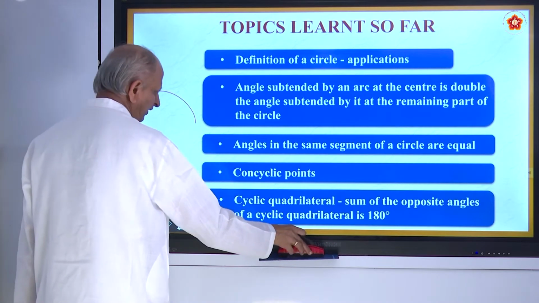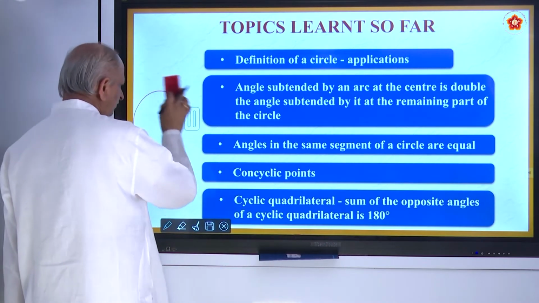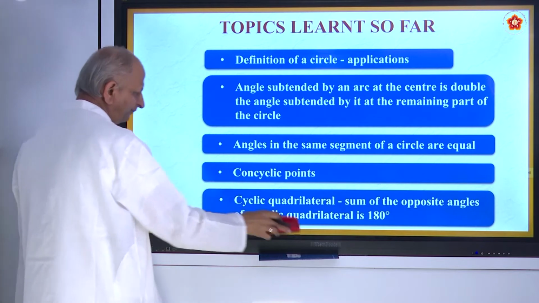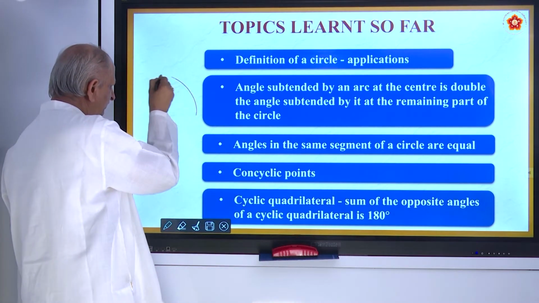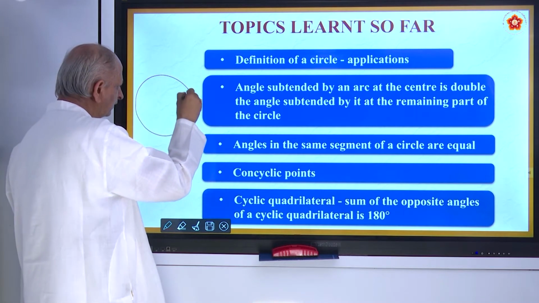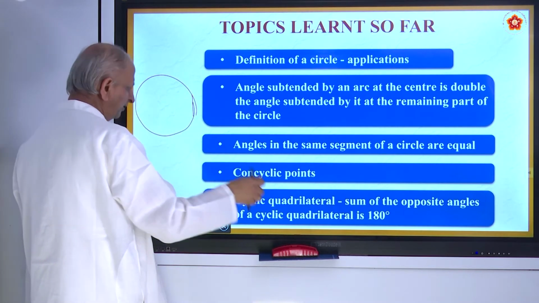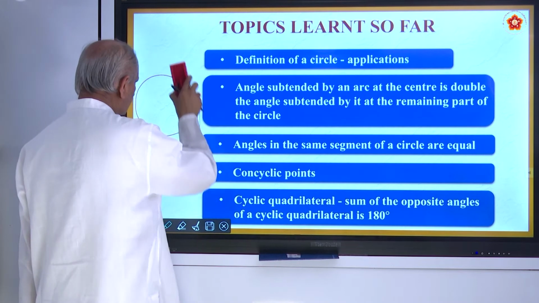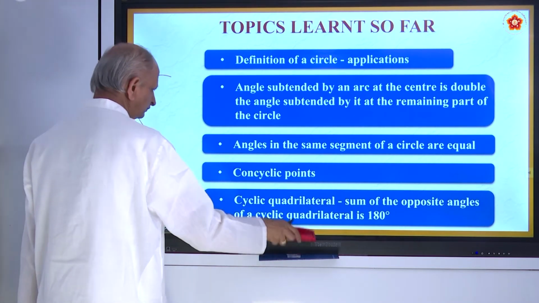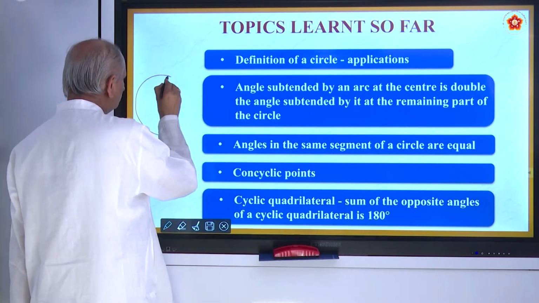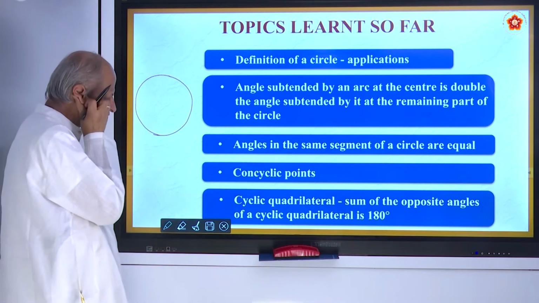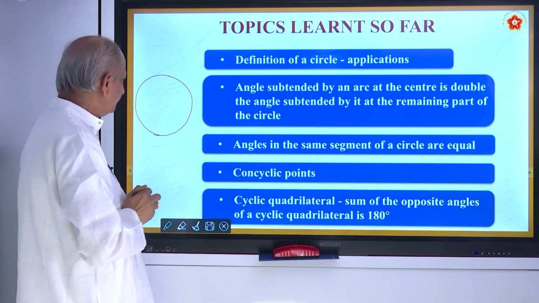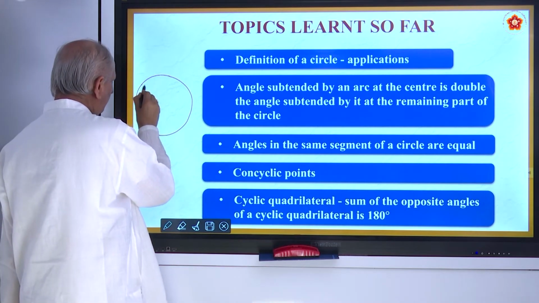I am drawing a rough figure because on the board you cannot draw an exact figure, but you can do it with the compasses clearly. I am drawing a rough figure just to make you understand, that's all. Suppose this is a circle. Opposite angles of a quadrilateral.